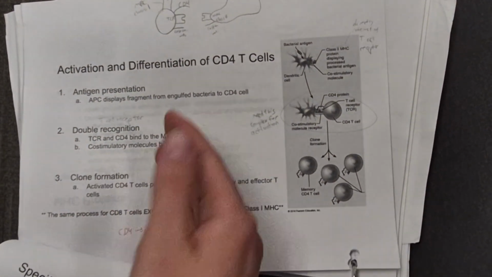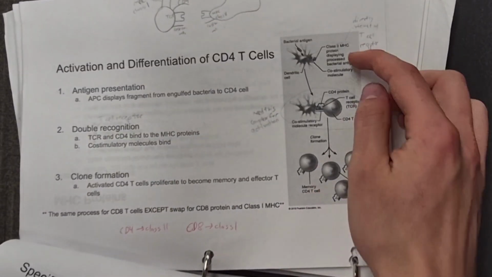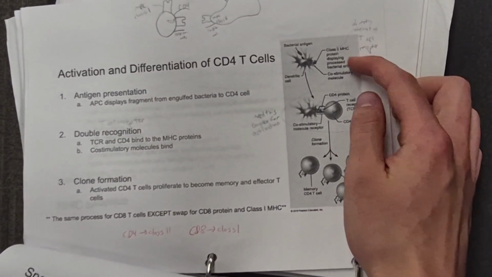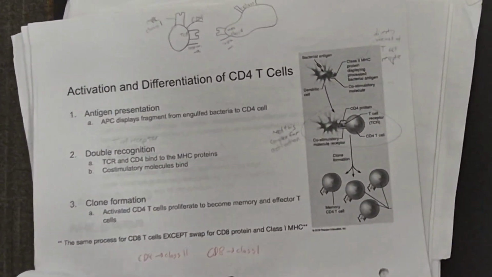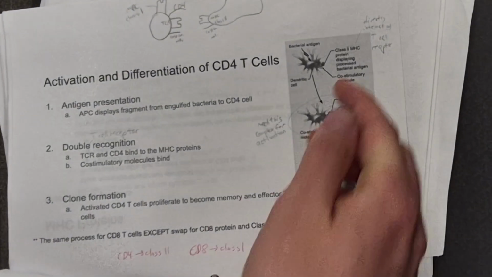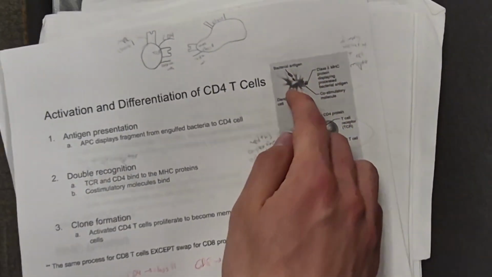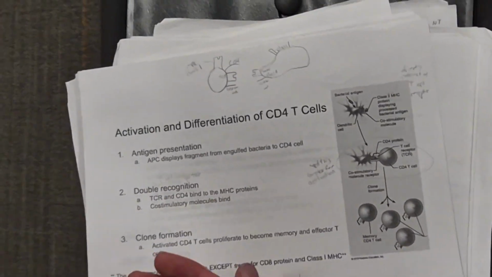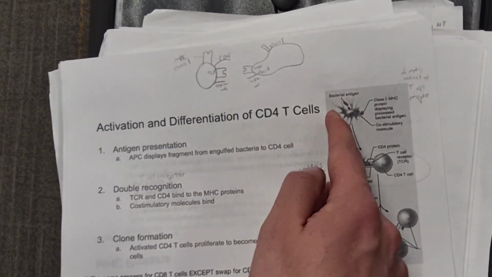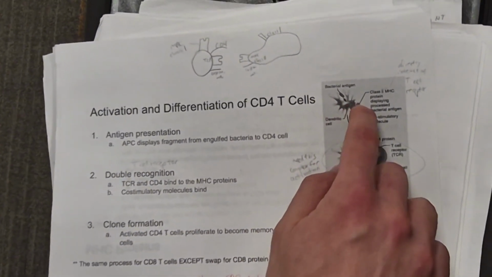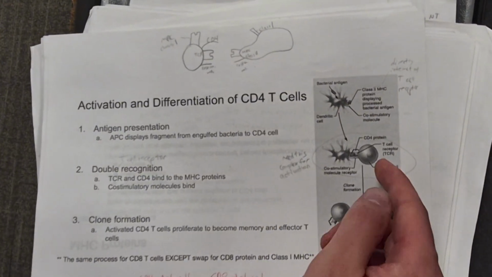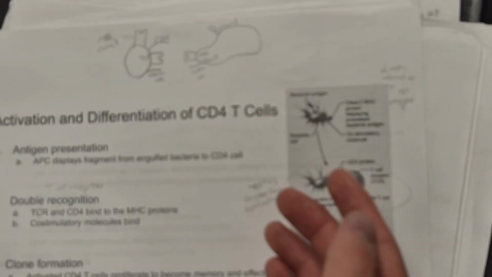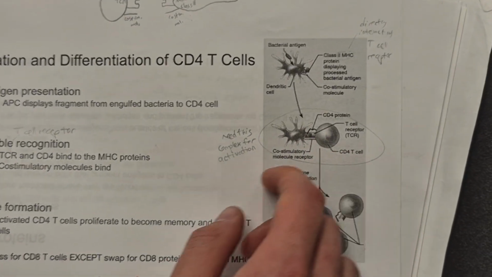So with the example of a CD4 cell, you have a class II MHC protein that displays the processed bacteria from the antigen. Remember, this dendritic cell is a macrophage and it has already undergone phagocytosis. So it's already eaten the bacteria and it's just displaying the fragmented part of the antigen to the CD4 cells to ensure full destruction. Okay.